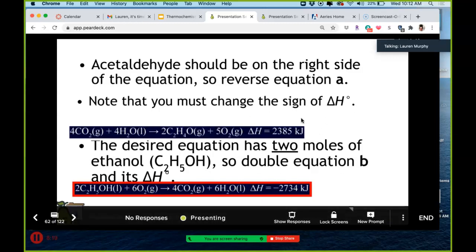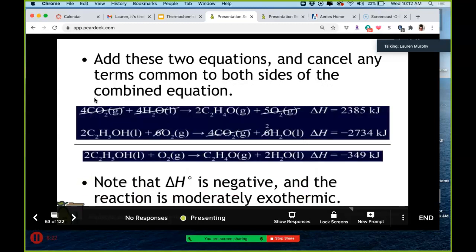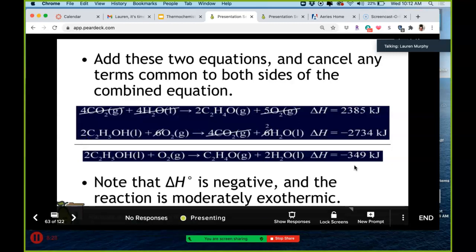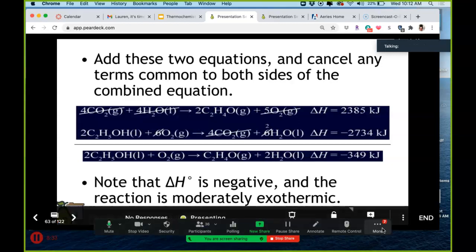So this shows the 2 reactions. This shows them canceling out like I just did. All right, this is the overall reaction, and you should be getting negative 349. That should be your number.